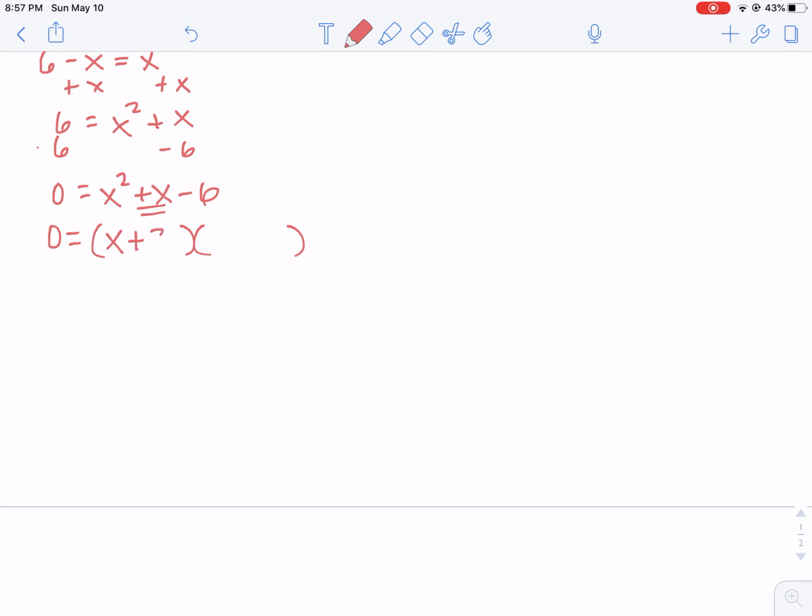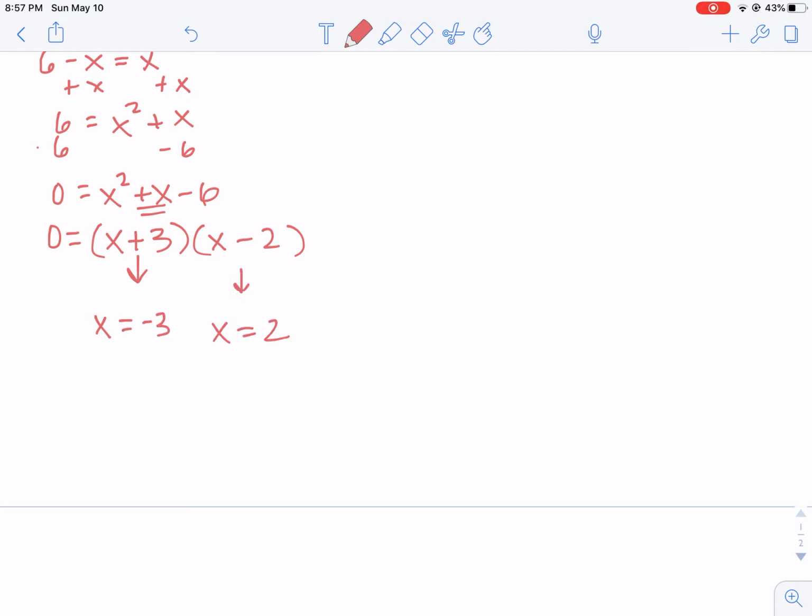Well, if I do x plus 3 and x minus 2, when I multiply those, I get the negative 6. And when I multiply these, we get 3x and negative 2x, which would give us that positive x. So this one's pretty easily factorable, and that's the method I'm going to choose. And then we're going to apply the zero product property. So we get two answers, x equals negative 3 and x equals 2.